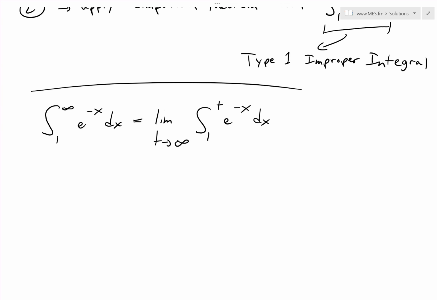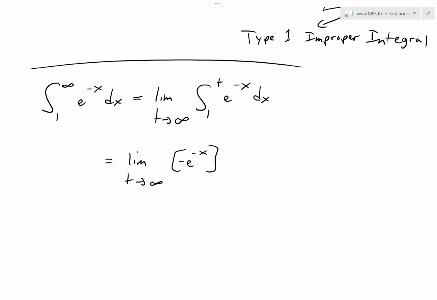We can solve this. This equals the limit as t goes to infinity, and the integral of e to the negative x is negative e to the negative x, since we have to apply the chain rule, so the negative sign has to come down.